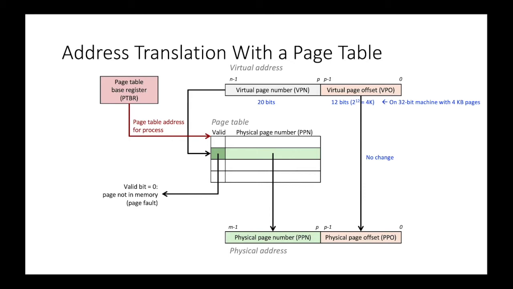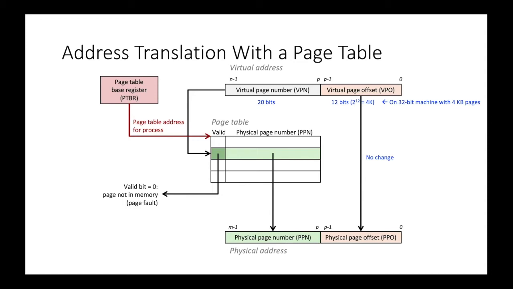Address translation means we replace the virtual page number with the physical page number while keeping the virtual page offset intact. We access the page table using the virtual page number as an index and get the physical page number. We find the page table by accessing a special register called the page table base register.